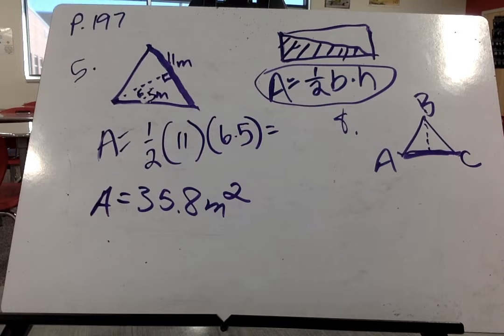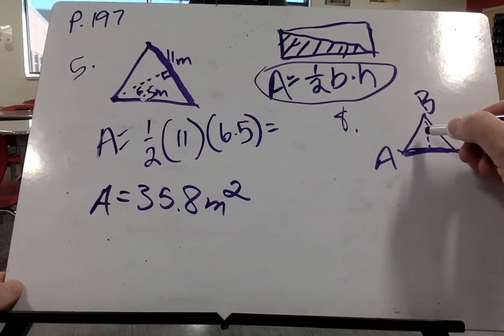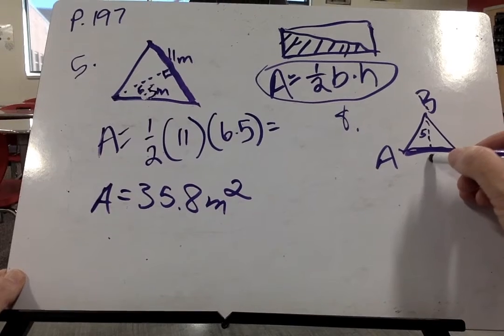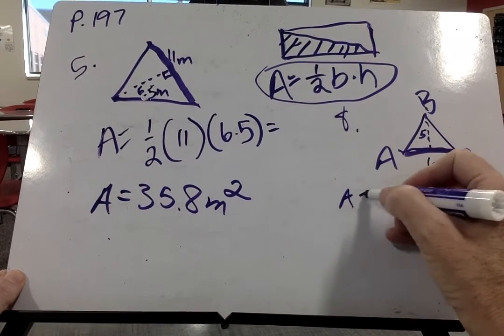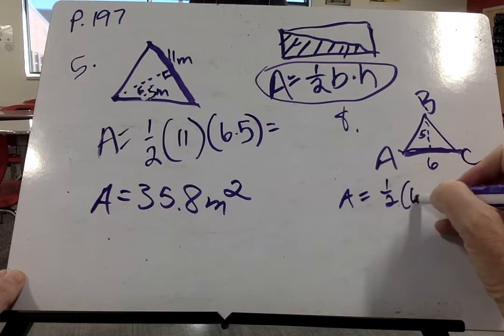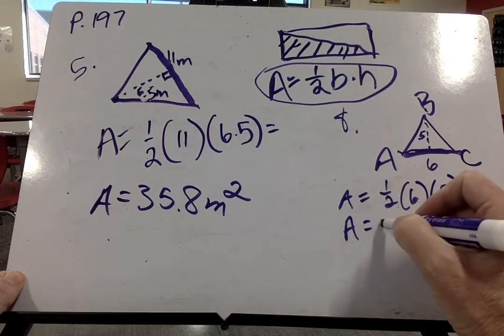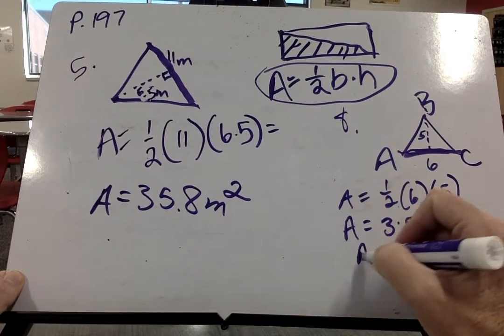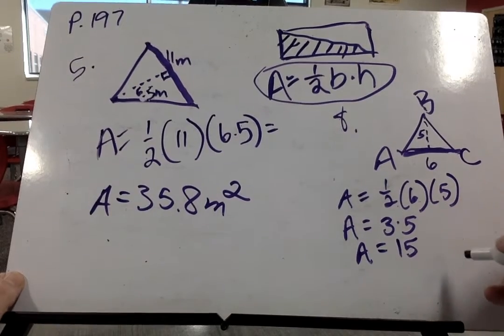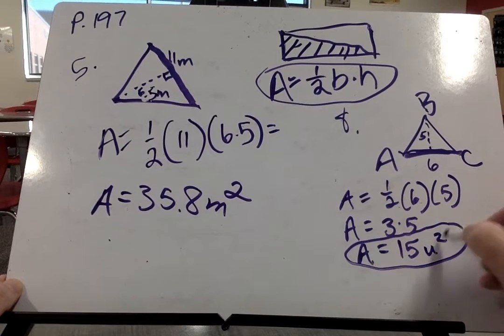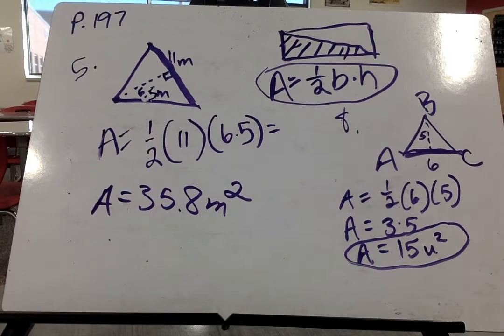So if we go from 3 to 8, the height here is going to be 5. From A to C goes from 2 to 8, so that's going to be 6. So we say the area is 1/2, base is 6, height is 5. Half of 6 is 3. And if we don't know the units, we just put units squared, because we need to make sure it's in square units.